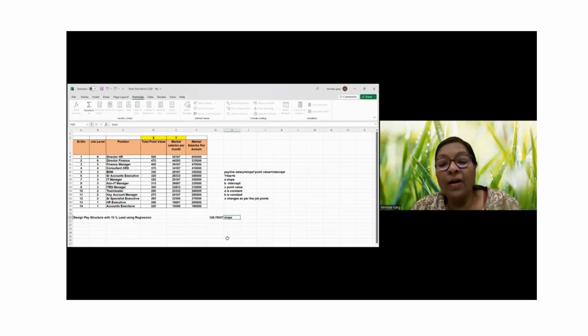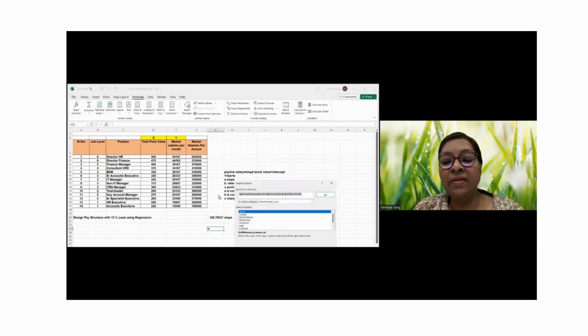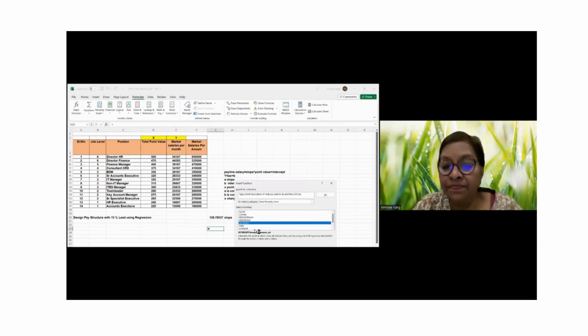Okay. Now calculate intercept. How will you go about intercept? Formula, insert function. Then can you see intercept here? Just pull this up.